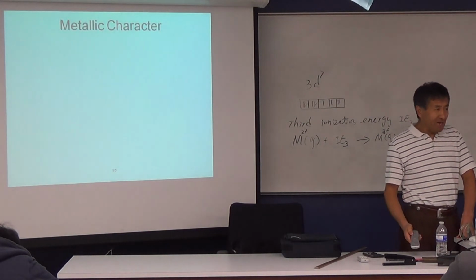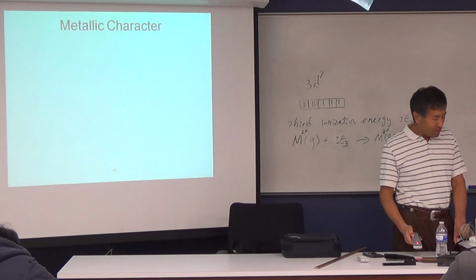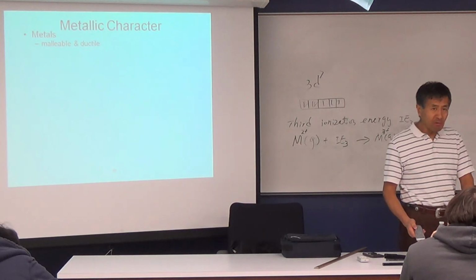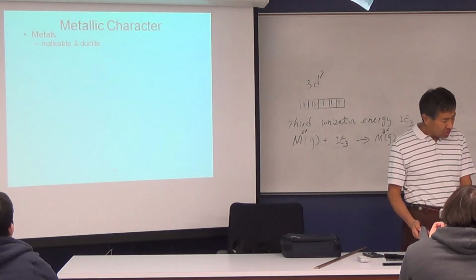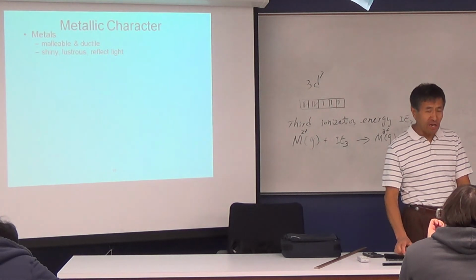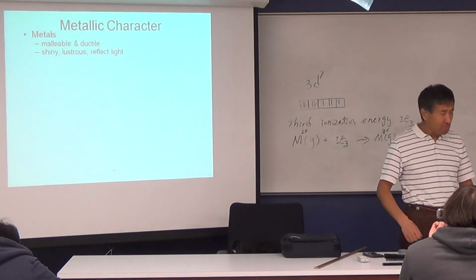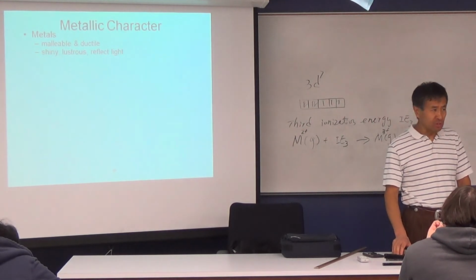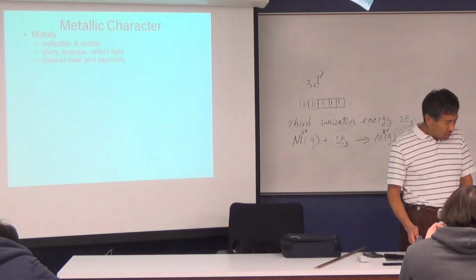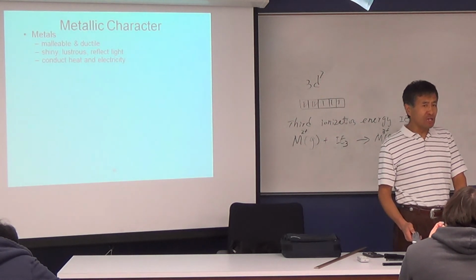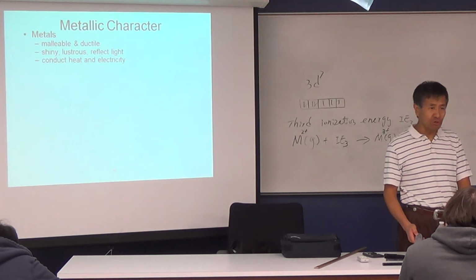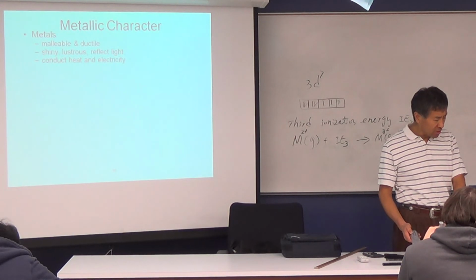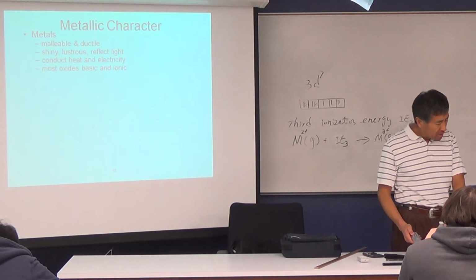Another pattern is about metallic characteristics. Metals are malleable, meaning you can hammer them, and ductile, meaning you can stretch them. They are usually shiny and lustrous, reflecting light. They have very free-moving electrons, so they are good electrical conductors. Because electrons can move, they are also good heat conductors.